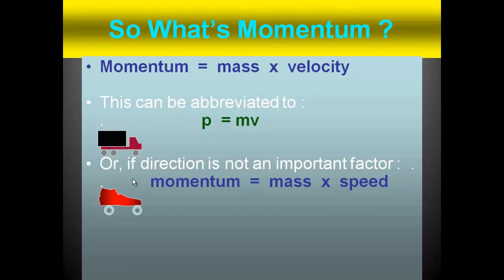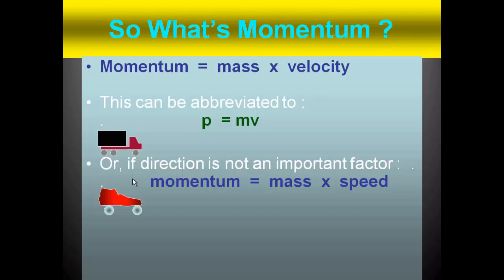If they have the same speed, though, that wouldn't work. Because if one has a large m and the other has a small m and they have the same v, different momentums. Okay, if they have different speeds, which one has to have a higher speed? The roller skate has to have a higher speed. So what we're seeing here is the truck has a super high mass, the roller skate has a super low mass.